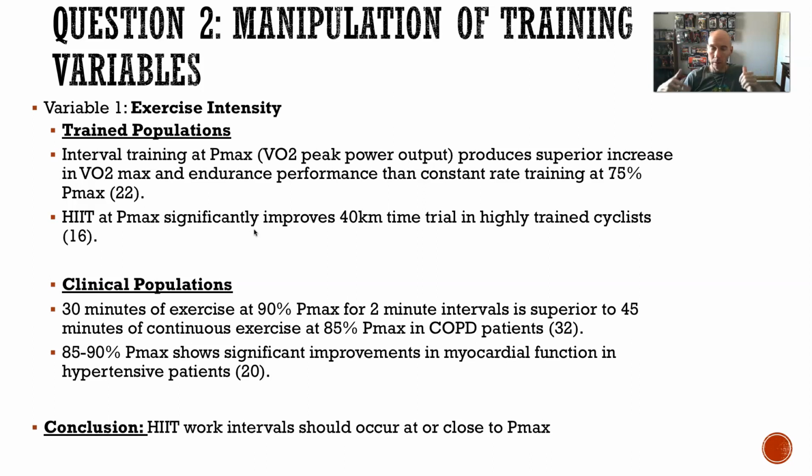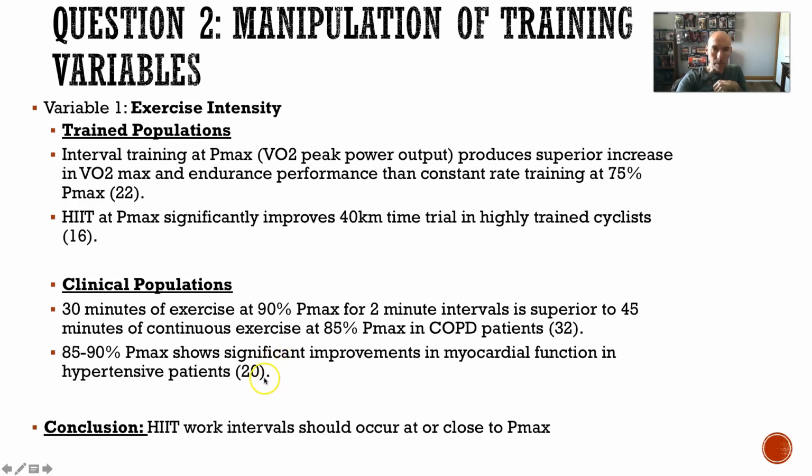Or in other words, how fast would you be running at your VO2 max? How fast would you be cycling at your VO2 max? That's the value that one should really be working at, okay? Now, with unfit populations, that might be difficult to do. It's going to be very unpleasant for them. It also could be potentially dangerous.